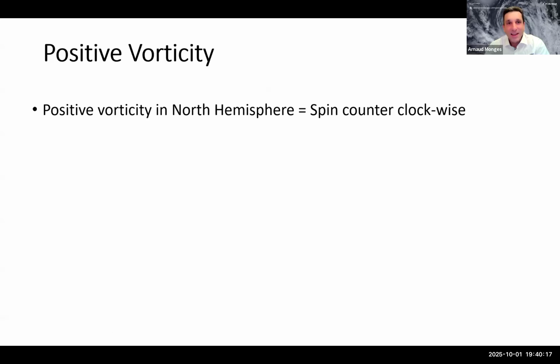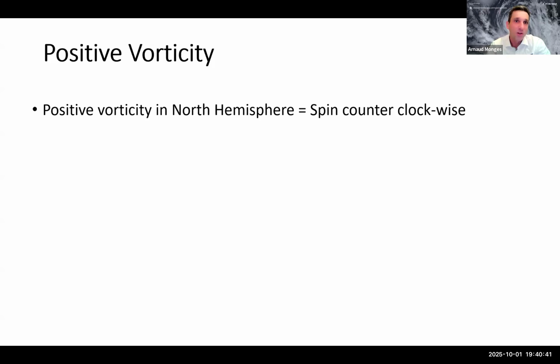So, of course, this is just an analogy. Something else to understand is that vorticity can be positive or negative. In our case, we only want positive vorticity because positive vorticity means rising of the air. And this is also linked to a counterclockwise spin. Negative vorticity is the other way around, and this is sinking motion.